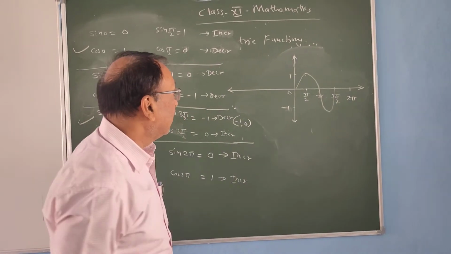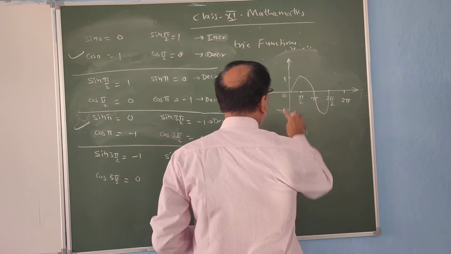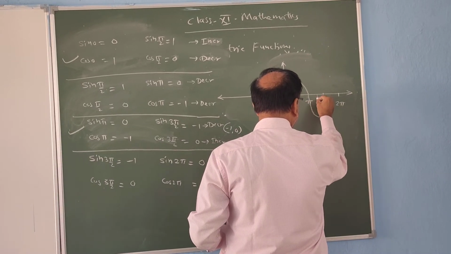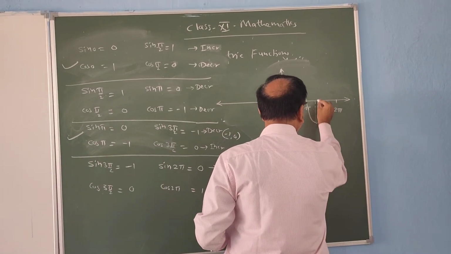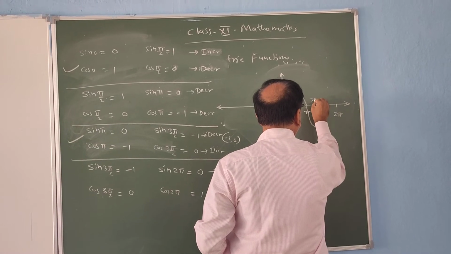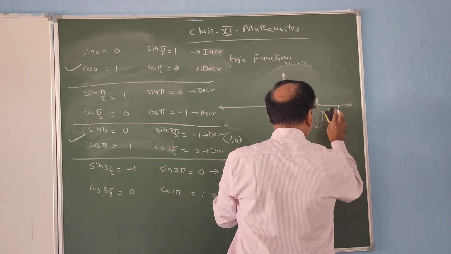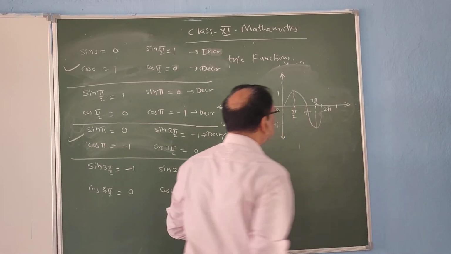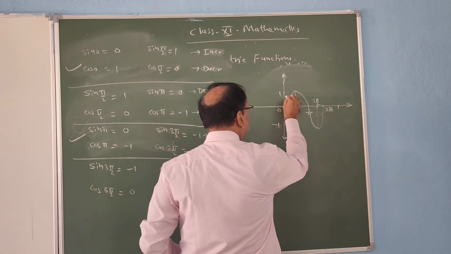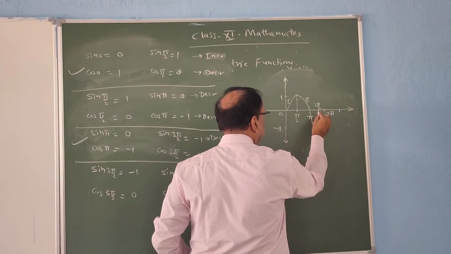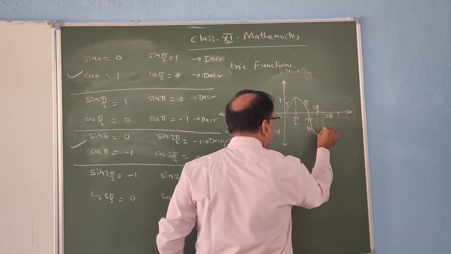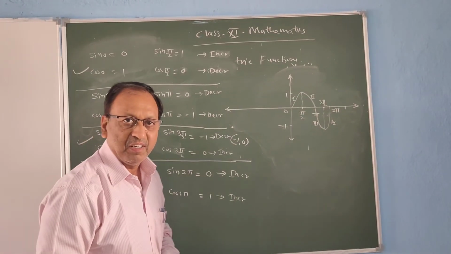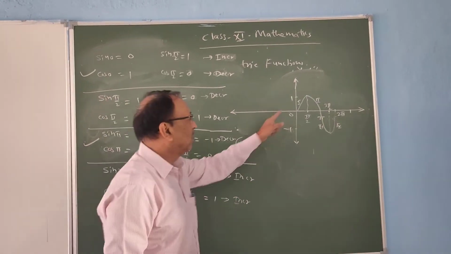Okay, so like this, the sine wave. See, this is 3 pi by 2, and this is 2 pi. So this is first quadrant increasing, second quadrant decreasing, third quadrant again decreasing, and fourth quadrant increasing. And this goes on repeating like this way.